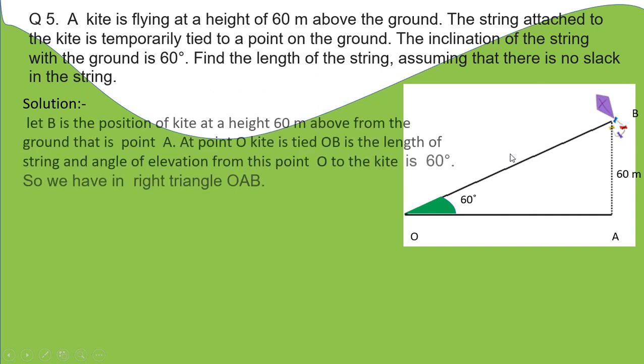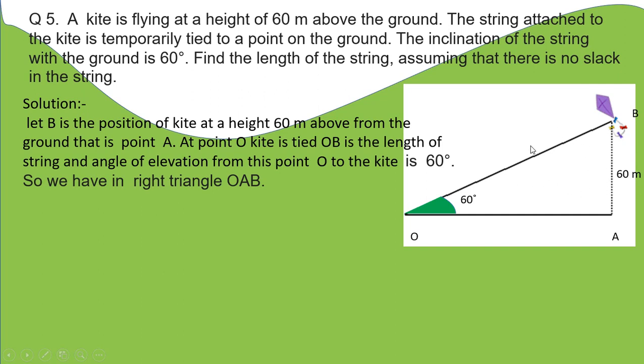So let's start. In this right triangle, angle O is given and we have to find the length of the string, which is the hypotenuse OB, where AB is the perpendicular. So the perpendicular and hypotenuse ratio gives the length of the string.